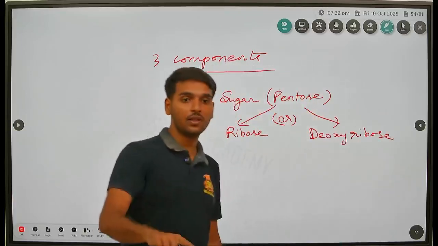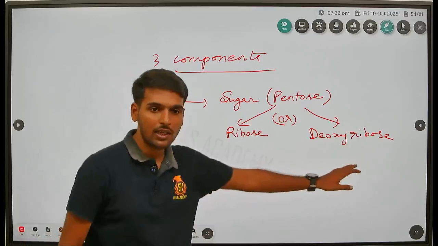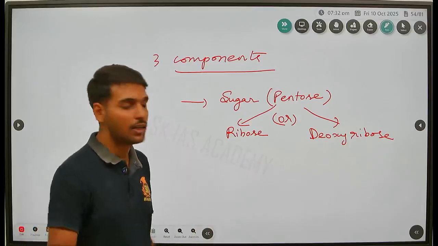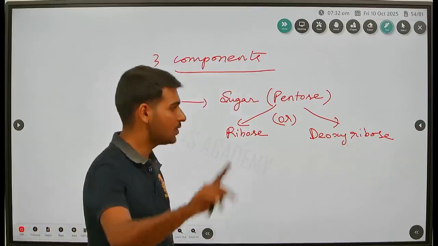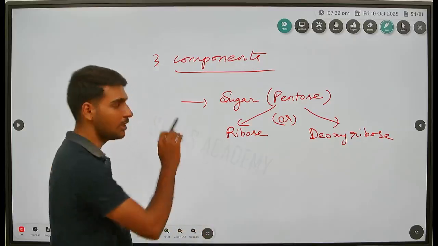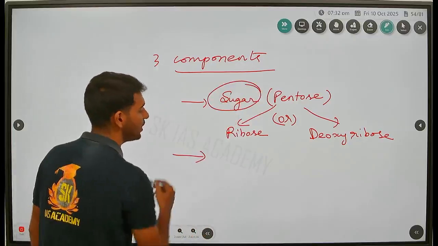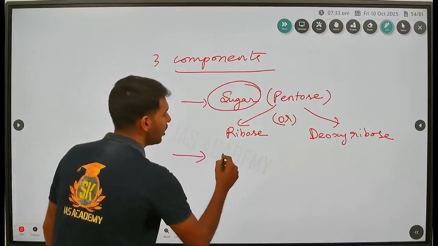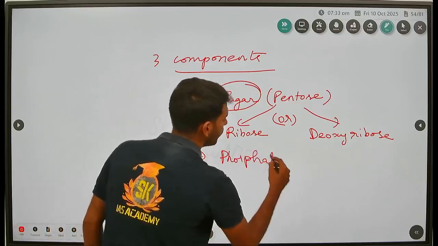We already saw the difference when we discussed carbohydrates. The difference between ribose and deoxyribose: the second carbon in deoxyribose sugar is lacking oxygen. Here it is present. Okay. Then sugar is a component. The second component is a phosphoric acid group, or a phosphate group.